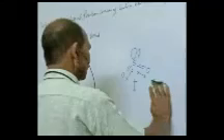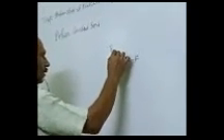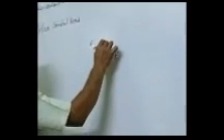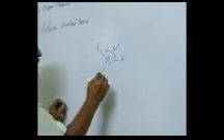I am taking another example, boron trifluoride. Okay? This is an interesting example. From VSEPR theory, we get the structure trigonal planar. So all three bond angles are of value 120 degrees.